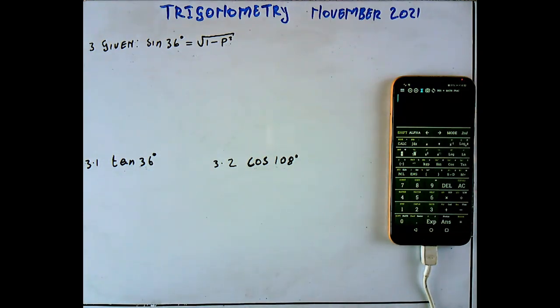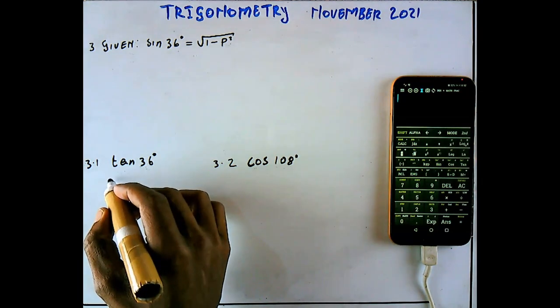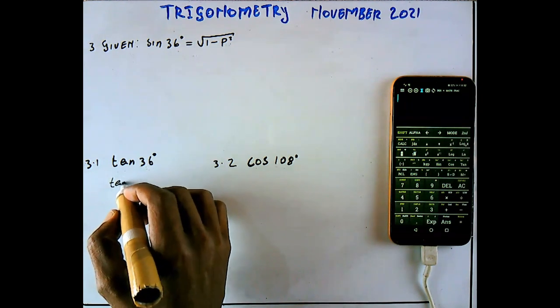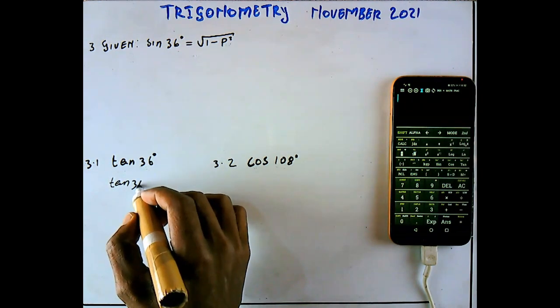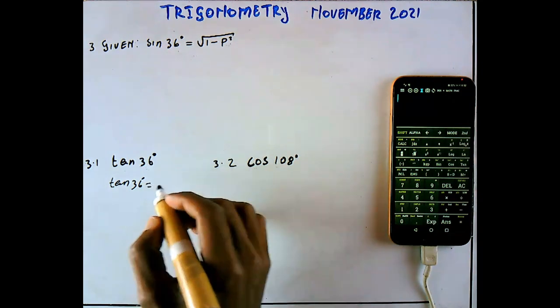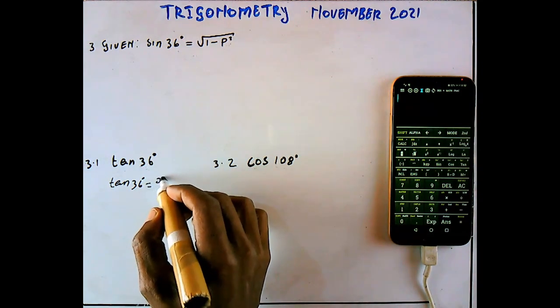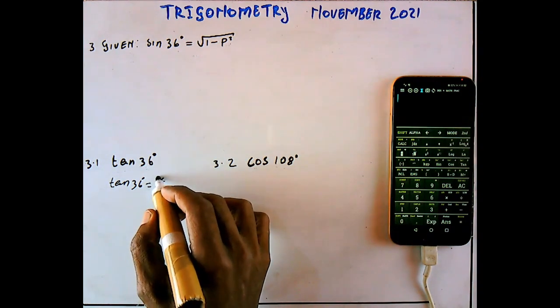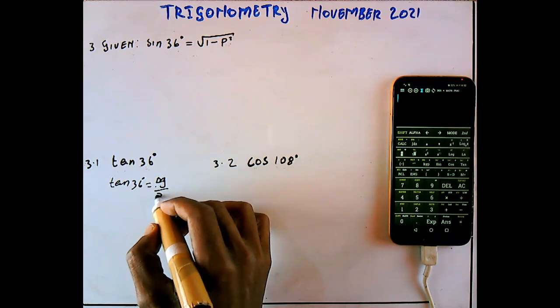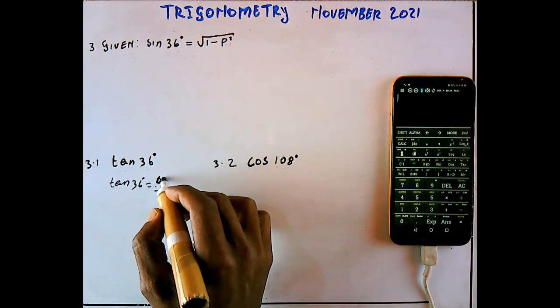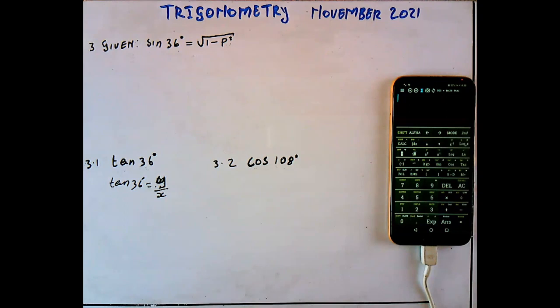So now, because they say without using a calculator, we know that tan 36 degrees equals y over x.